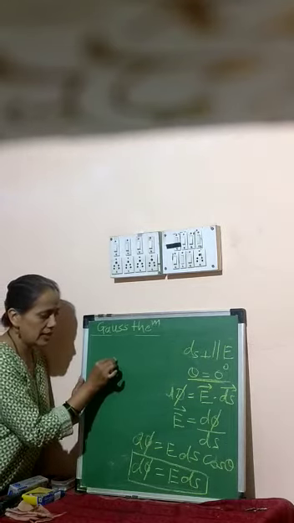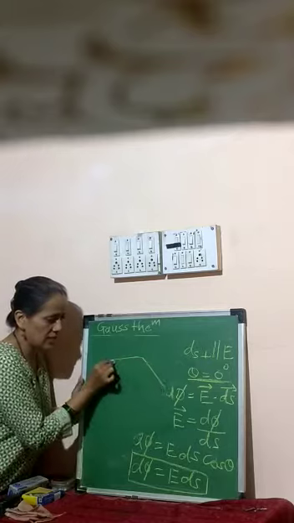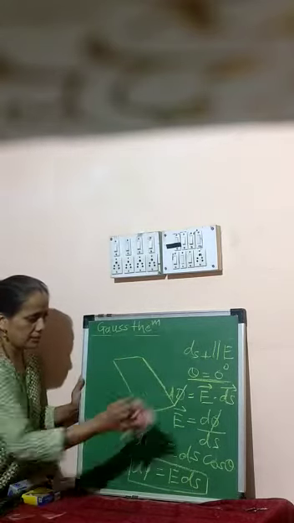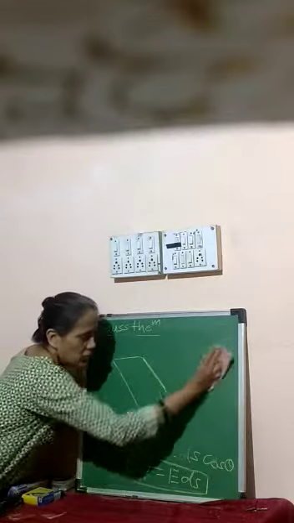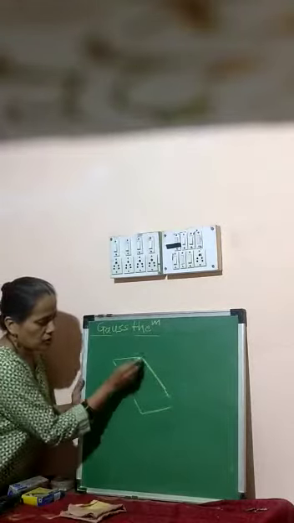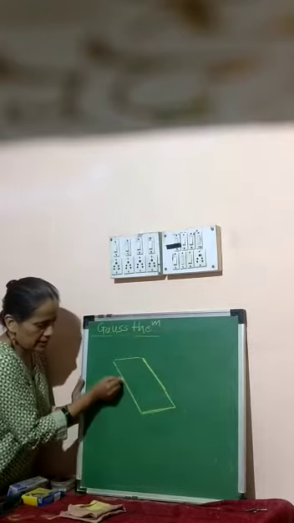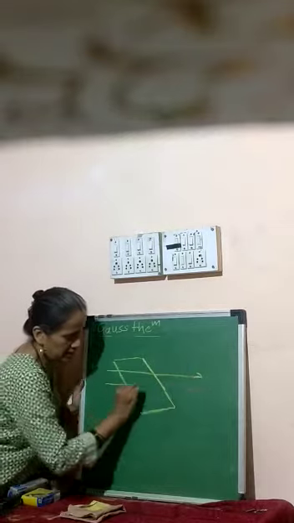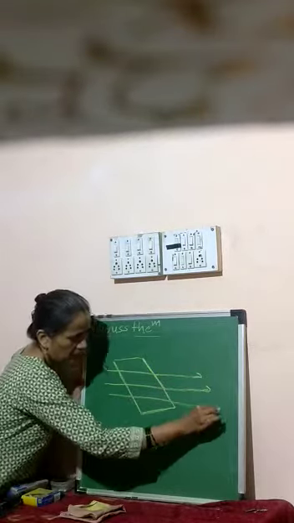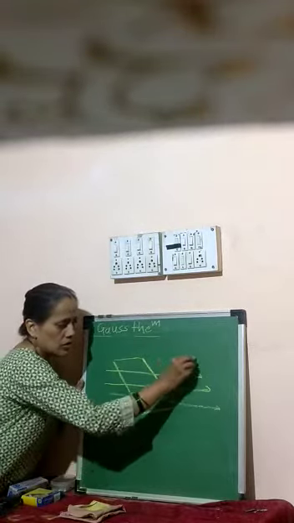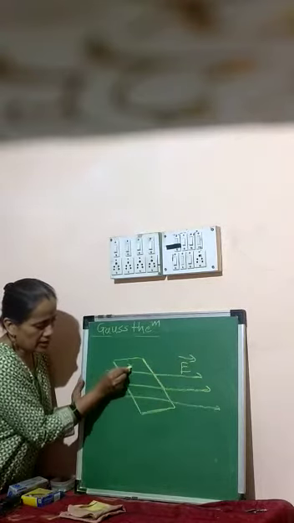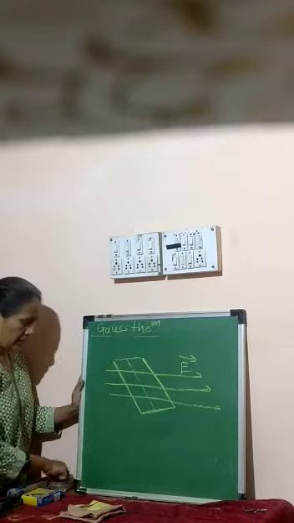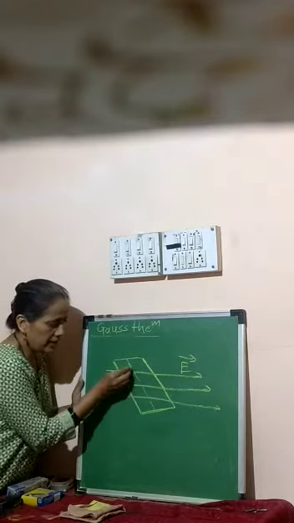So this is my surface area ds, and here I am showing the direction of electric intensity. And here I can consider this as your element ds.